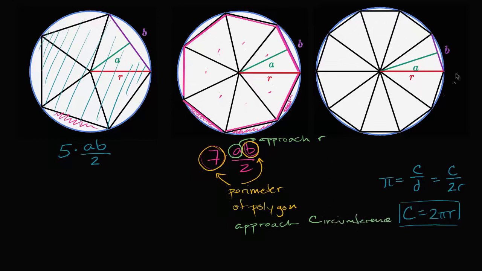And you see that even more clearly right over here. So once again, how many sides do I have here? I have 1, 2, 3, 4, 5, 6, 7, 8, 9, 10 sides.